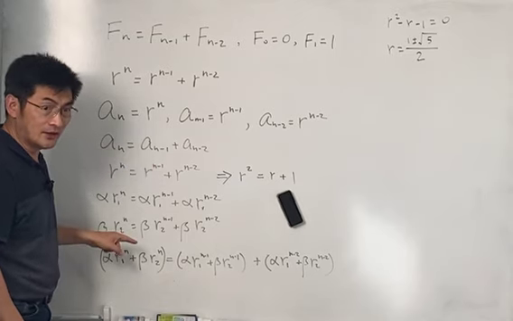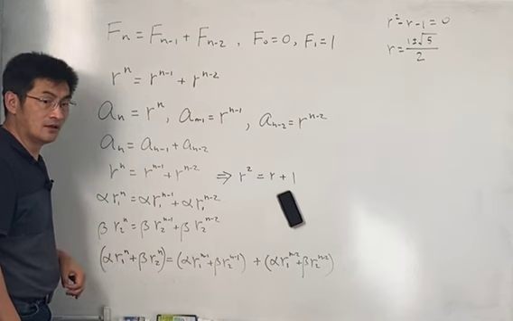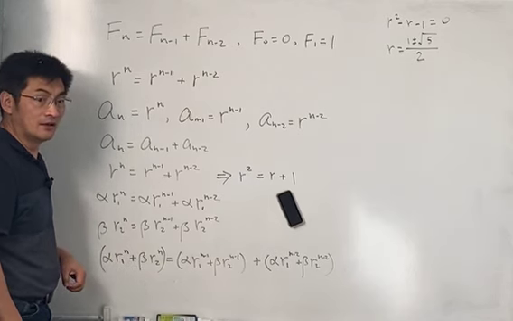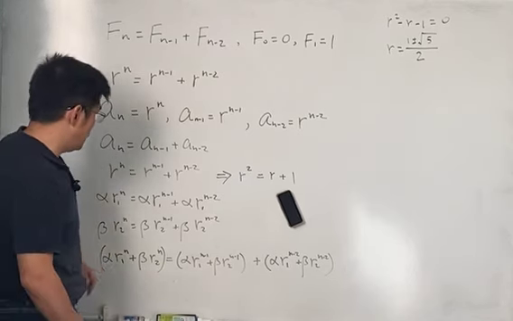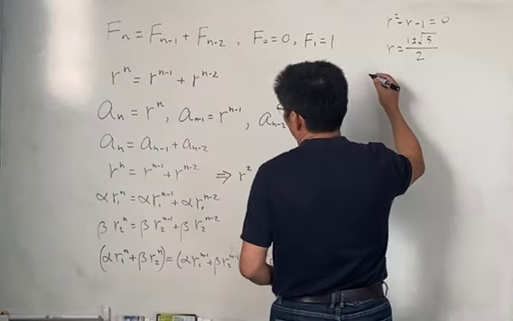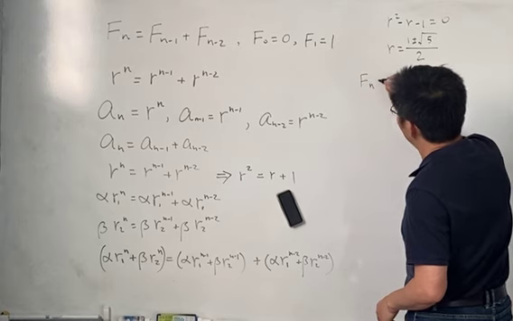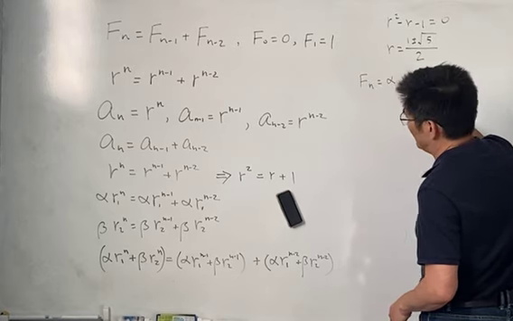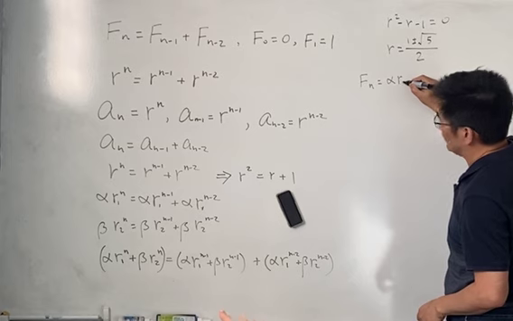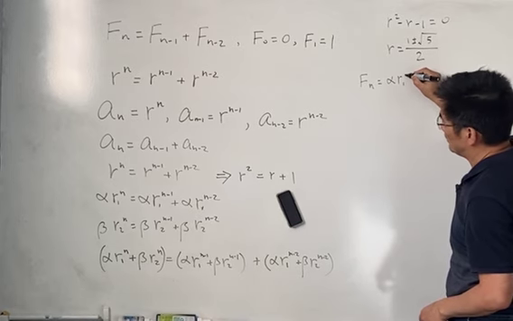This works. So we can say, if you can make this turn into that, well, if you say a of n is equal to that.